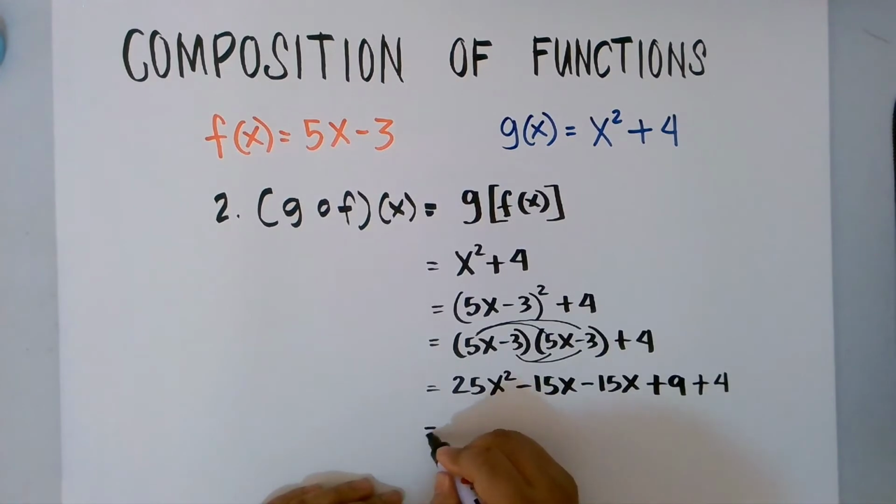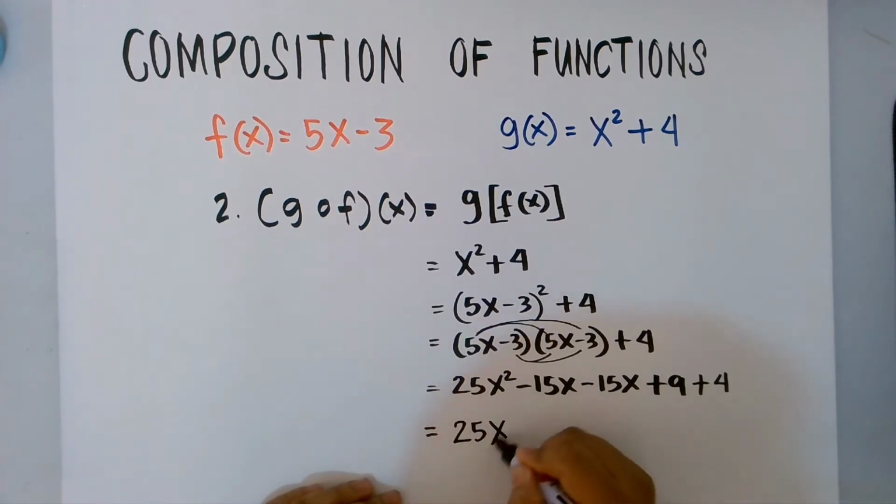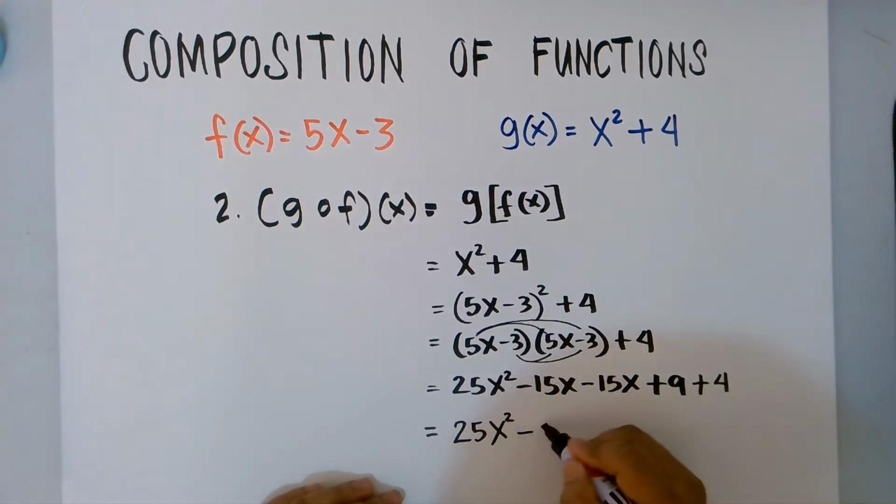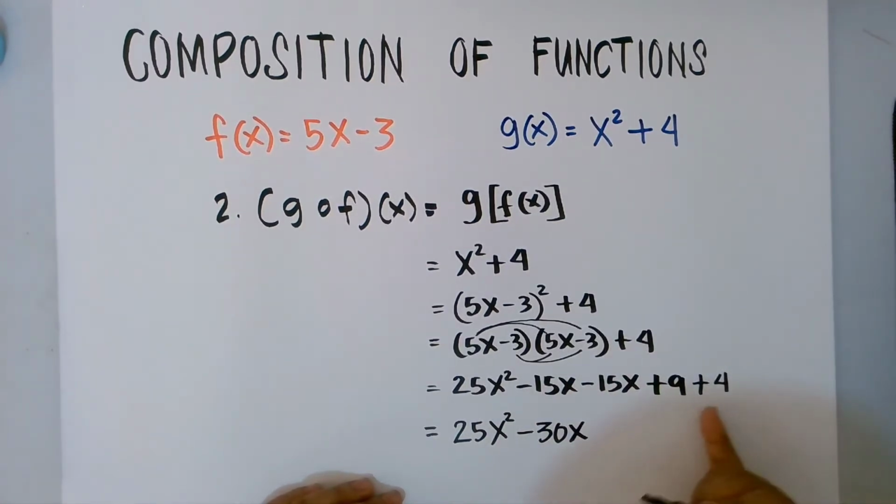Then let's simplify. Copy natin to dahil wala naman tong katulad. So 25x squared. And then we can add these two terms kasi like terms sila. Bukod doon, like sign din. So negative 30x. Okay? And then add these two constant numbers. 9 plus 4, that's positive 13.